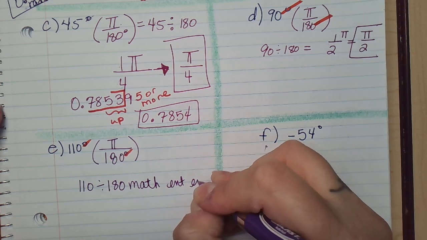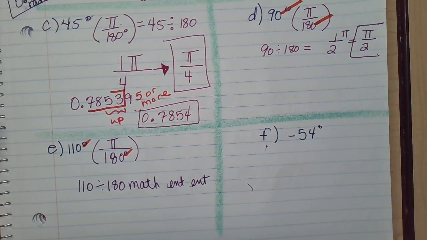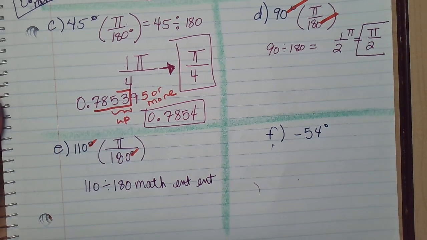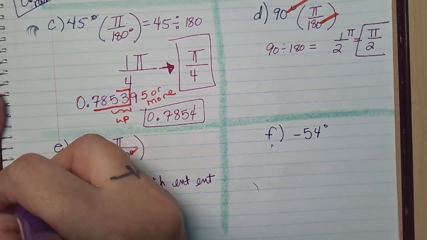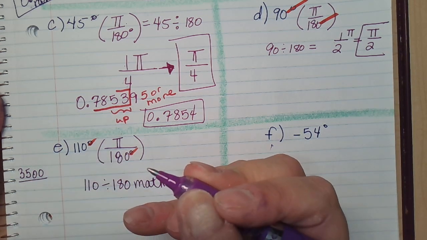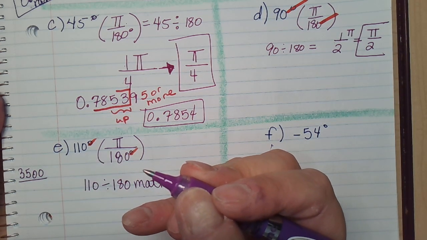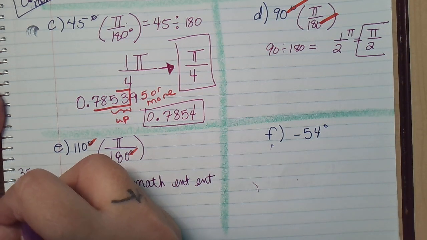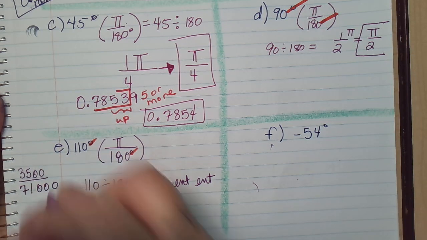Or you might remember back in the day, rules about zeros. You can cancel a 0 from the top and the bottom of something. So let's say I have like 3,500 over 71,000.